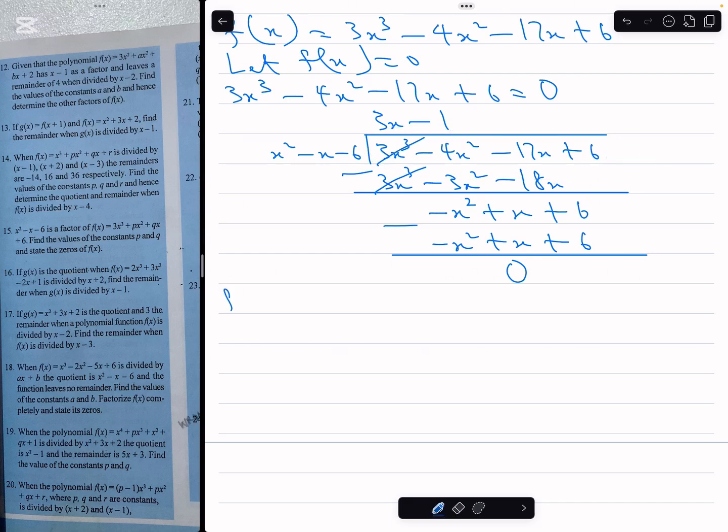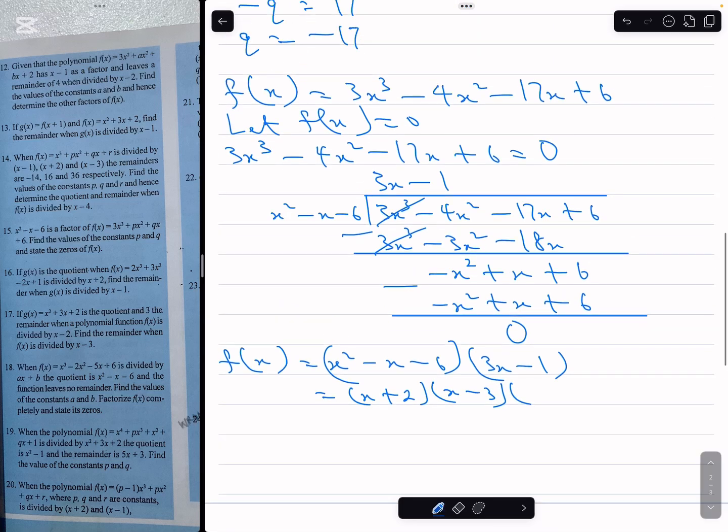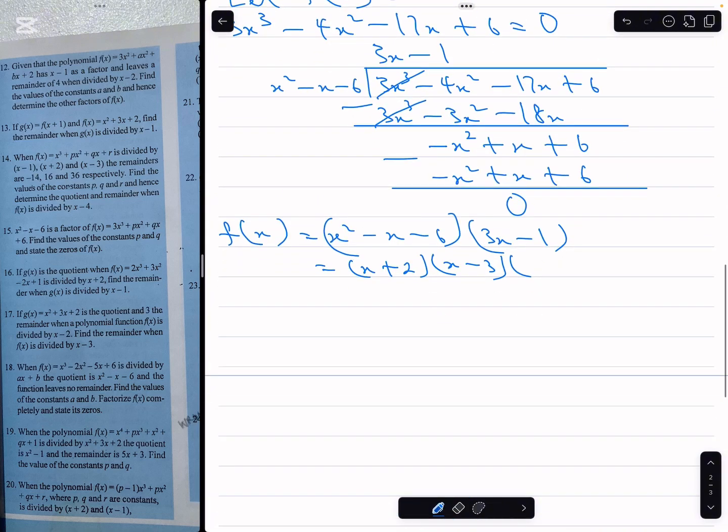So that means f of x is equal to x squared minus x minus 6 times 3x minus 1. And I know that x squared minus x minus 6 is the same as x plus 2 times x minus 3. That's what I will get when I factorize x squared minus x minus 6.